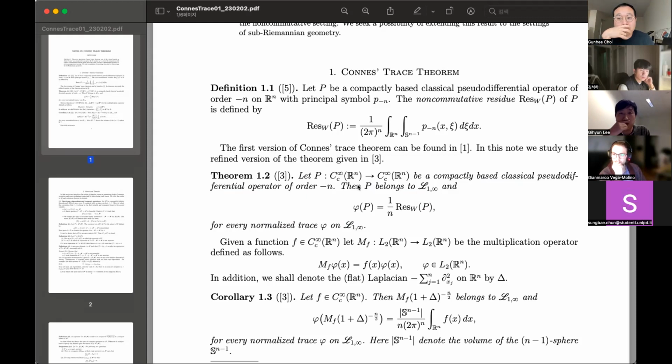And my first goal is to start generalizing this theorem, for example, to the Heisenberg group or the contact manifold.